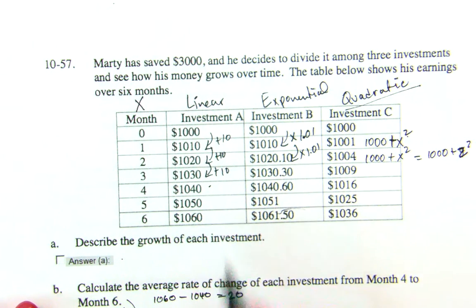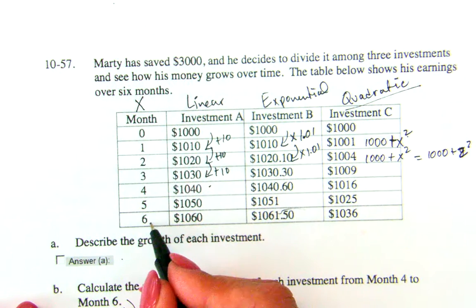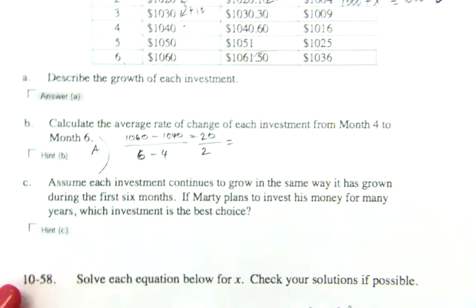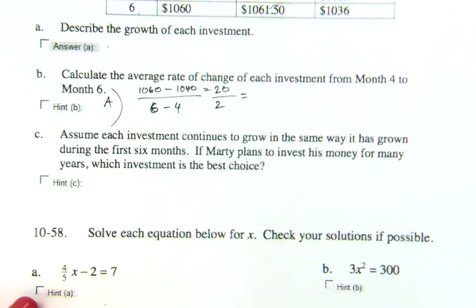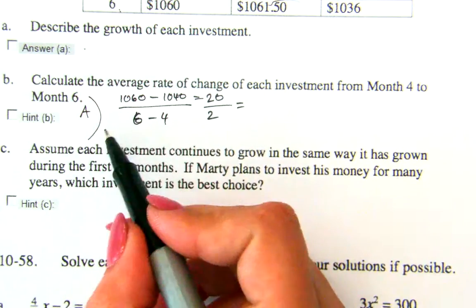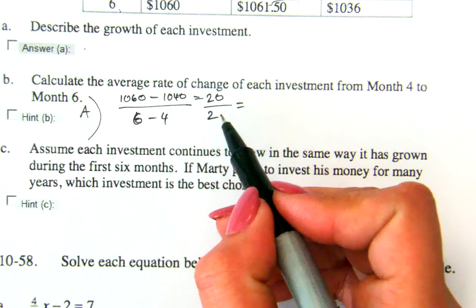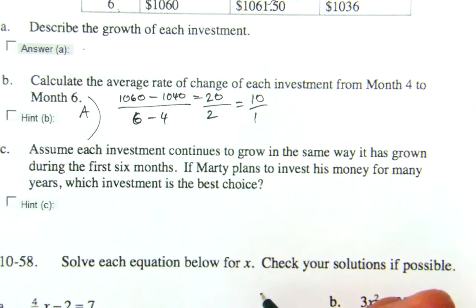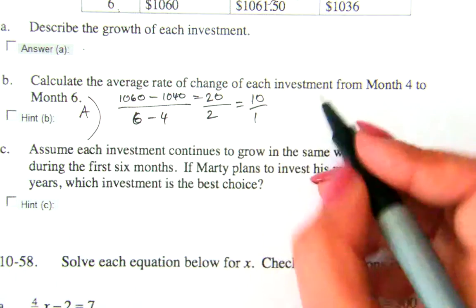And that was over the course of 2 months, or 6 minus 4. So for investment A, we grew $20 in 2 months, so basically went up $10 each month. Okay, which makes sense because it's linear.